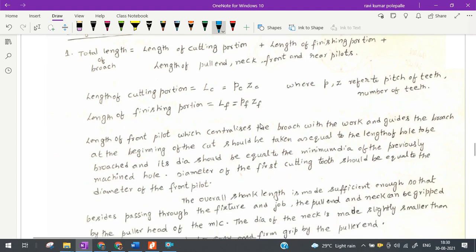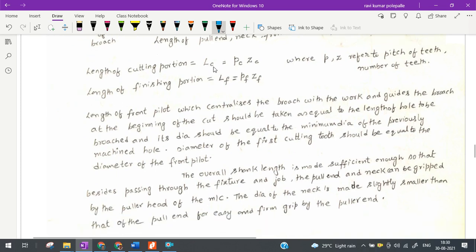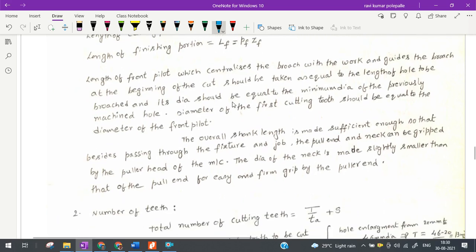Length of cutting portion, we write it as pc into zc. Z stands for the number of teeth. p stands for the pitch.